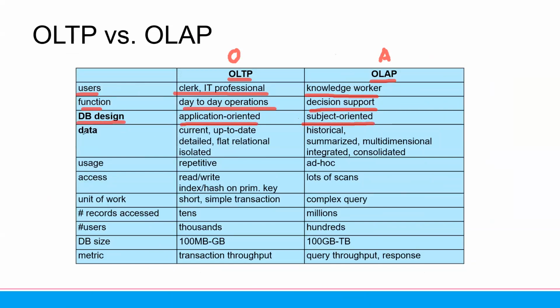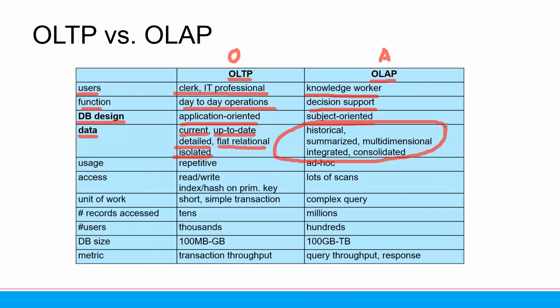And the data will be the current data, up-to-date data. It will be very detailed, or sometimes it is flat, relational, and isolated. But the data for the analysis will be the historical data.